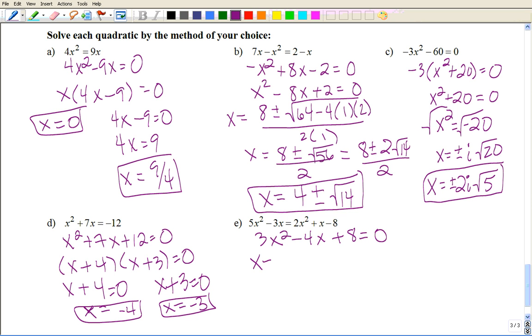So we have x equals negative b plus or minus the square root of b squared minus 4 times a times c all over 2 times a. So that is equal to 4 plus or minus the square root of negative 80.